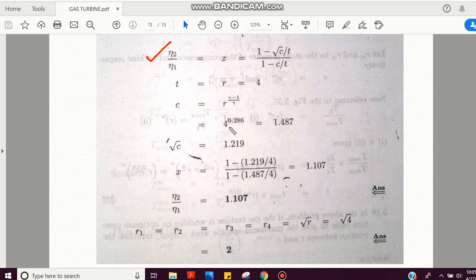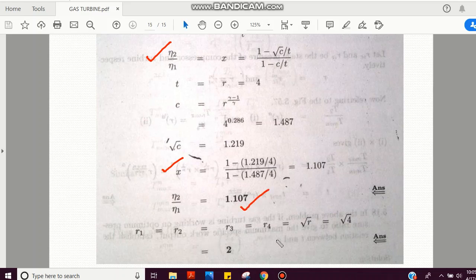So that becomes 4 to the power 0.286, that is 1.487, and root c is 1.219. So by substituting all these values, we get the efficiency ratio is 1.107.